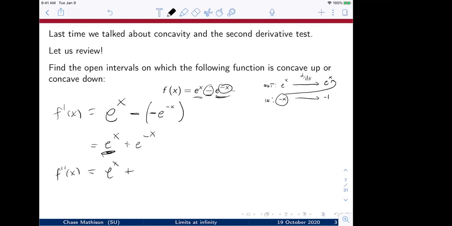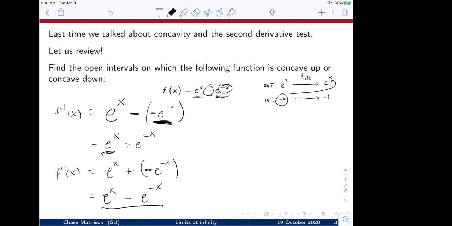Perfect, e to the minus x times -1, we just did that right there. So plus minus e to the minus x, which is e to the x minus e to the minus x. Okay, so this function, fun fact, when you take two derivatives, you get the function itself back. That's pretty neat.